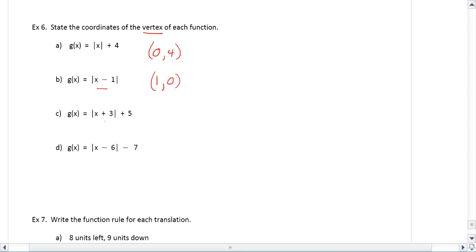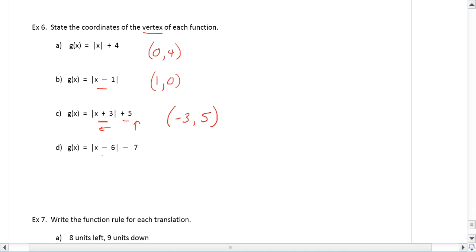Now this is the first time we've had 2 translations. So this positive 3 moved the graph in the negative direction 3, and then this plus 5 moved it up 5. So 2 things happened. It went in the negative direction 3, and then it went up 5, so the vertex is at negative 3, 5.